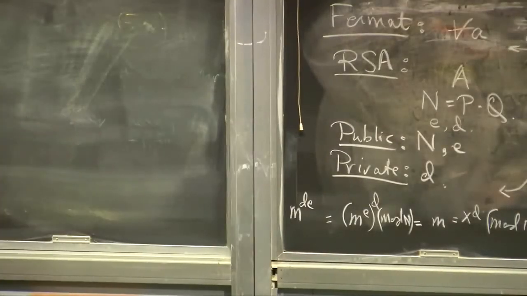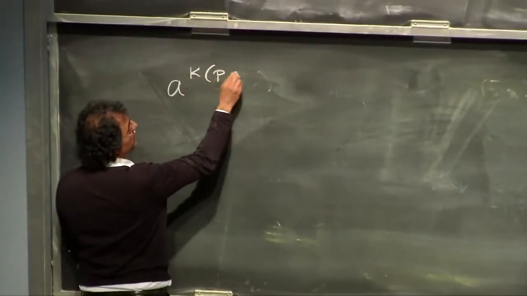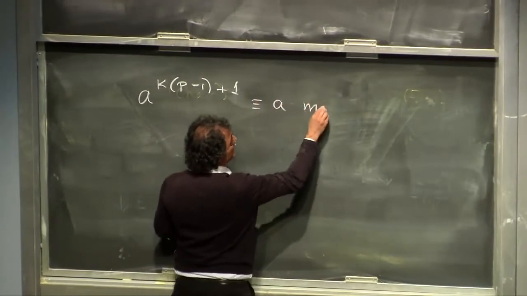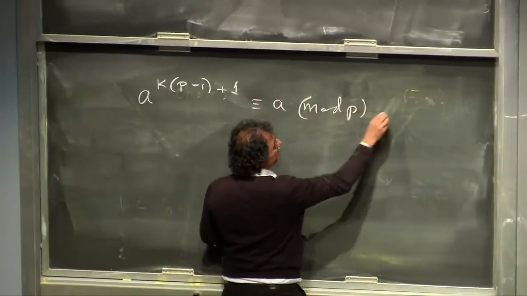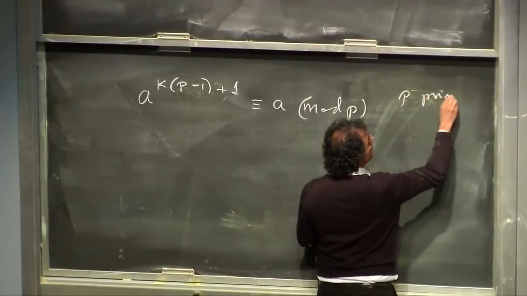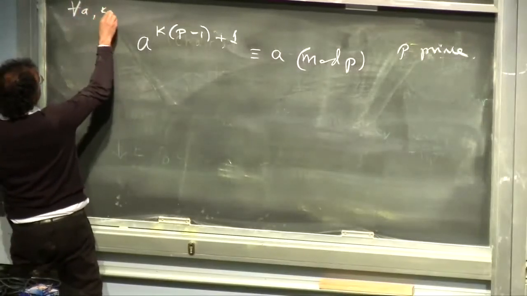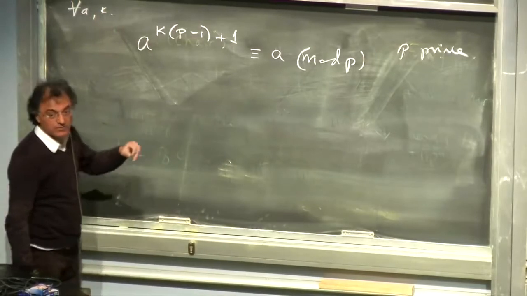Okay. So why is a raised to the power of k times p minus 1 plus 1 congruent to a mod p, as long as p is prime, for all a? What's this saying?